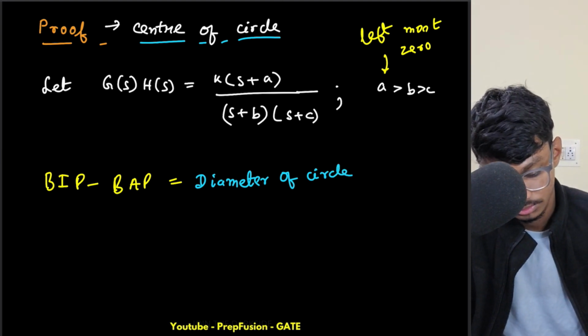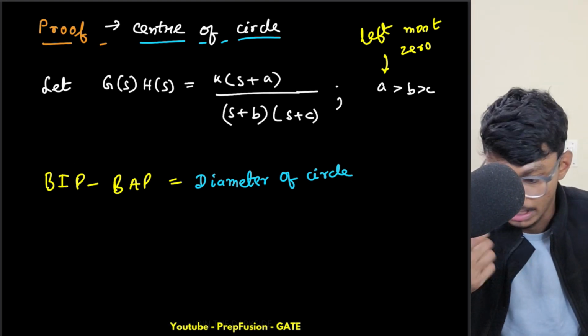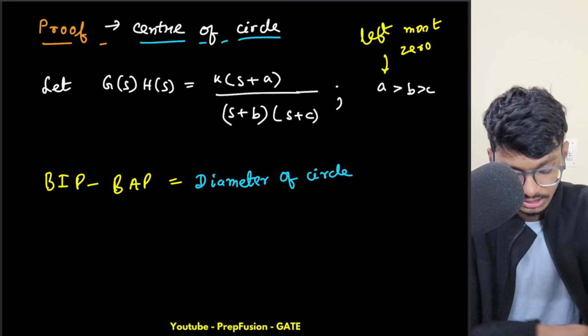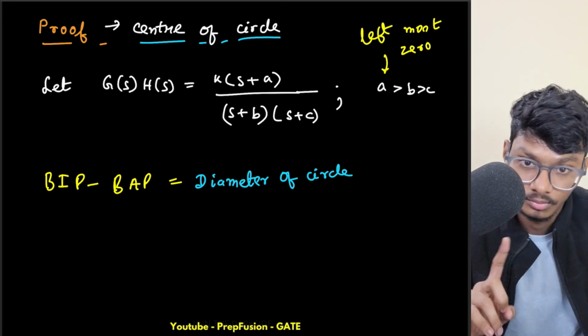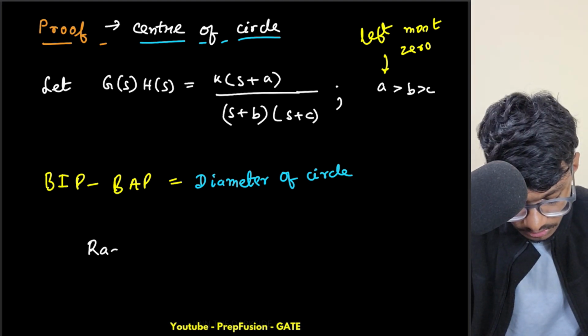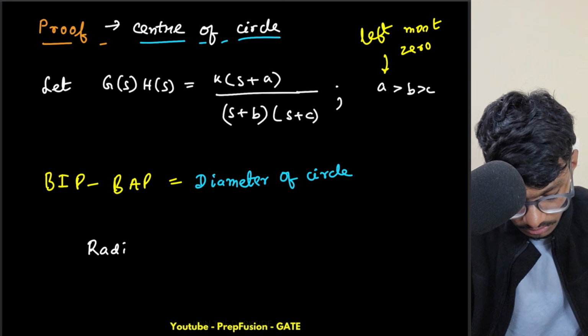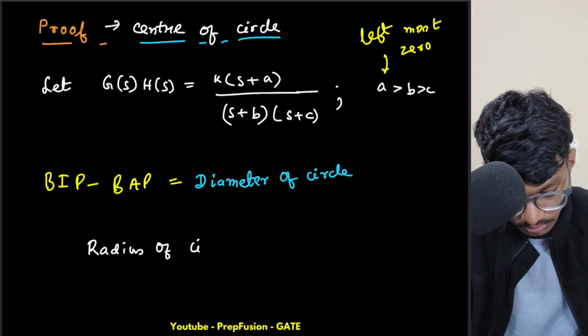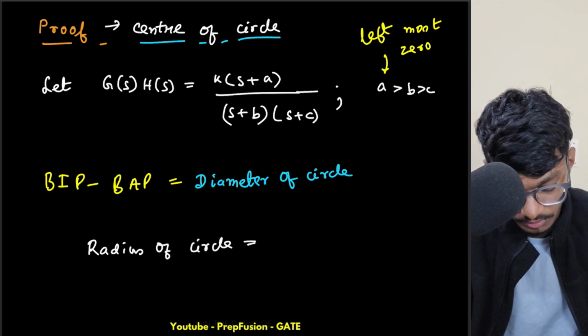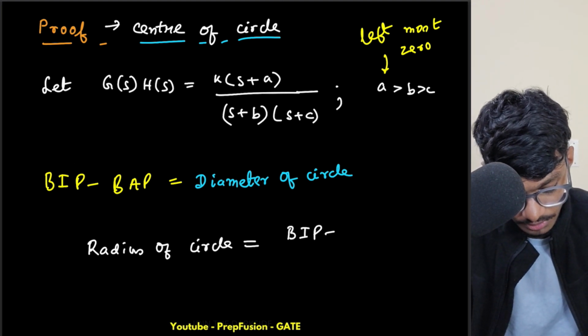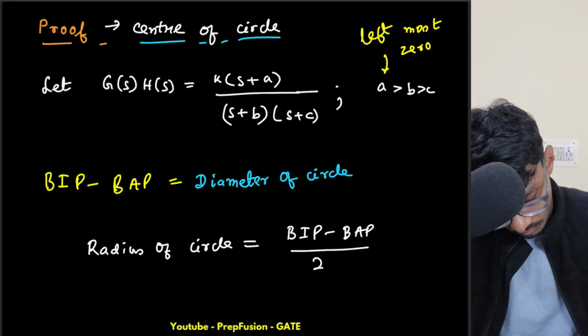And what does diameter mean? The radius of the circle will be the break-in point minus the breakaway point, divided by 2.